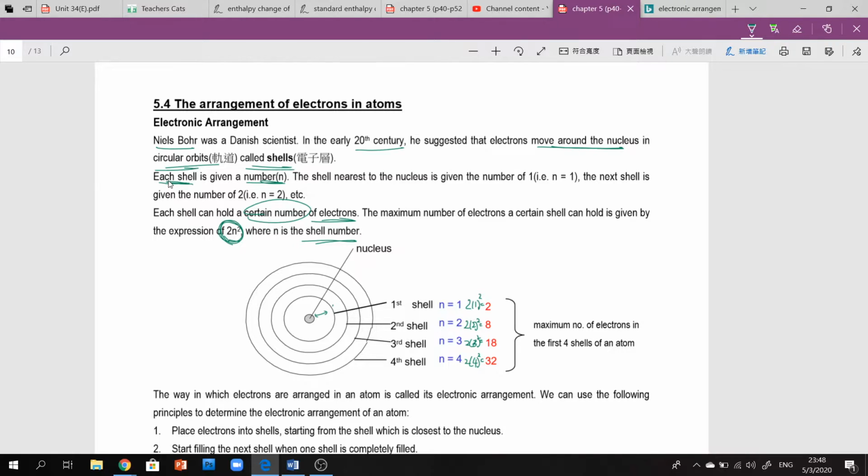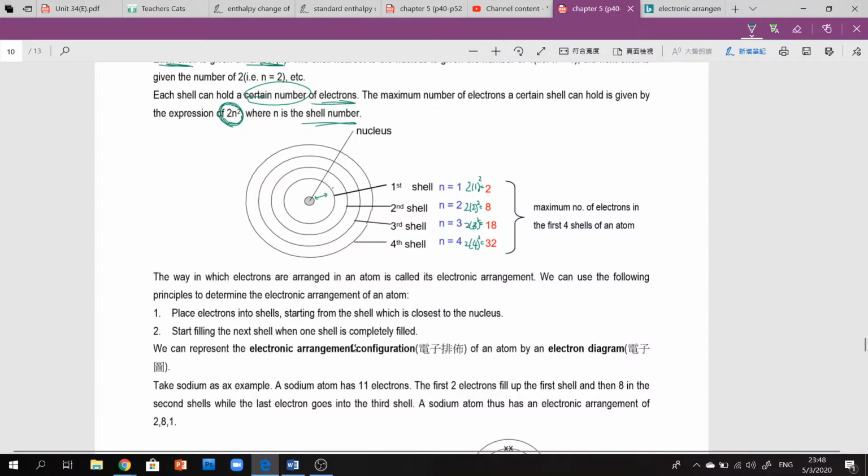The way the electrons are arranged is what we call the electronic arrangement. There are guiding principles to determine the electronic arrangement of atoms.